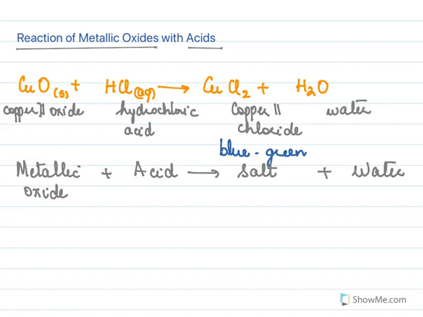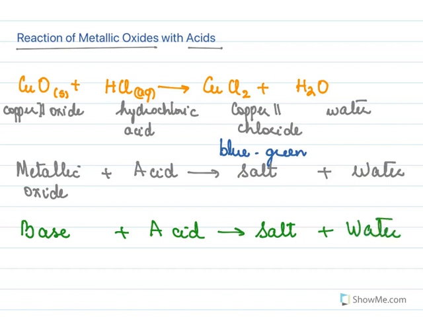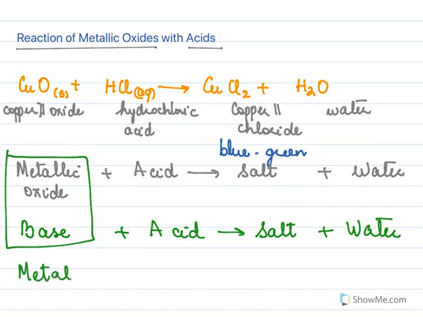If you go back to neutralization, we see a base reacts with an acid to give salt plus water. So if the metallic oxide reacts with an acid, we can say that the metallic oxide is basic in nature. So all metallic oxides are basic in nature.